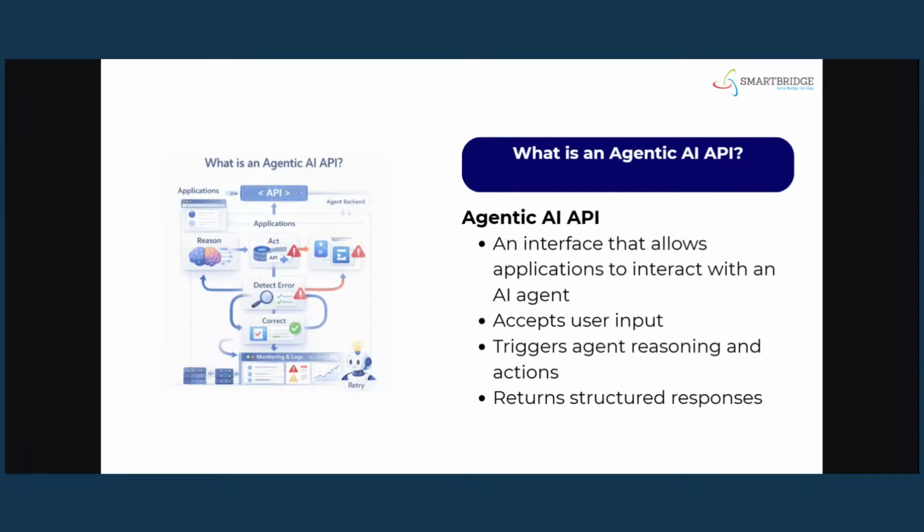In the fourth step, we have a step called detect error. What I am saying is, what if the API or agent is generating the wrong output or generating errors? What actually happens?